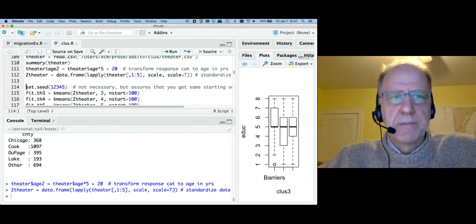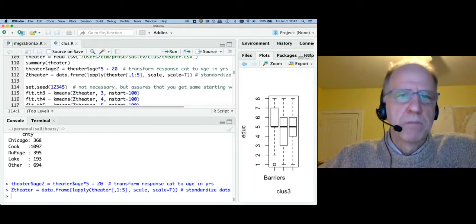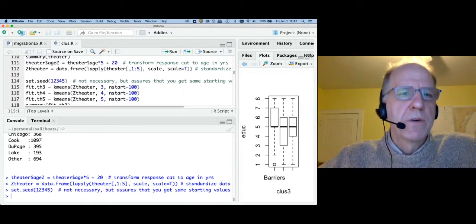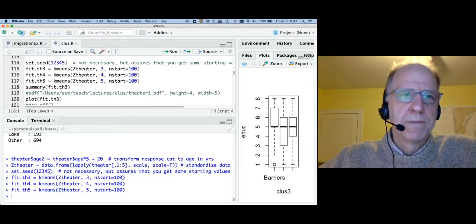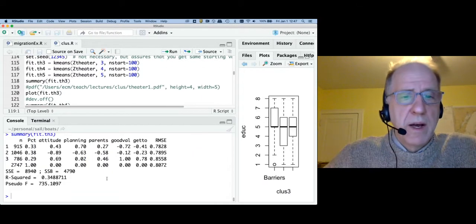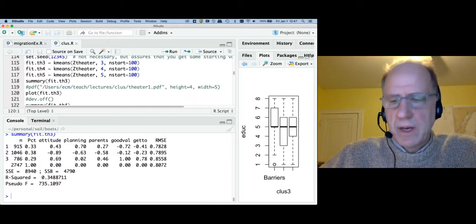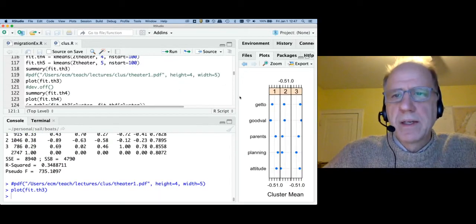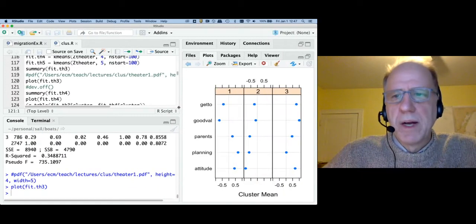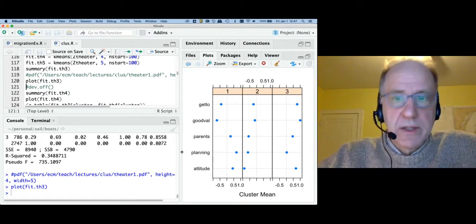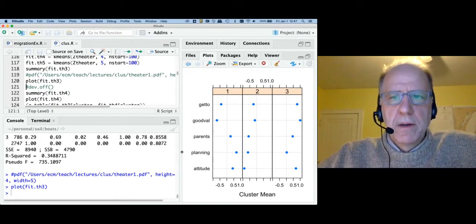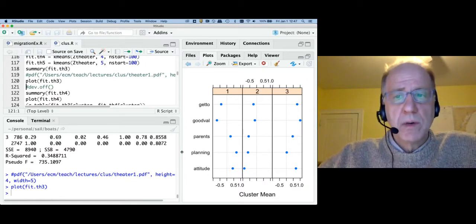Now remember I said, always set your seed. So let's do that. I'm going to go find the 3, the 4, and the 5 cluster solution. If I do a summary, I can see the raw means, and if I plot them, I can get my guitar tablature plot. One of the benefits of standardizing is that the variables now have mean 0.